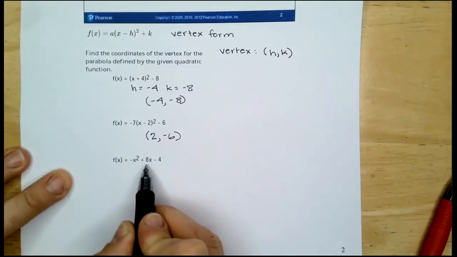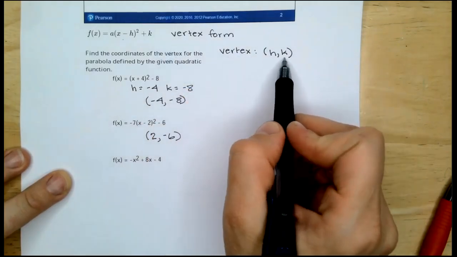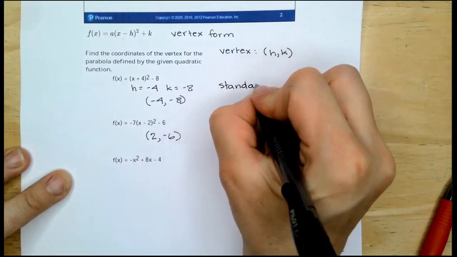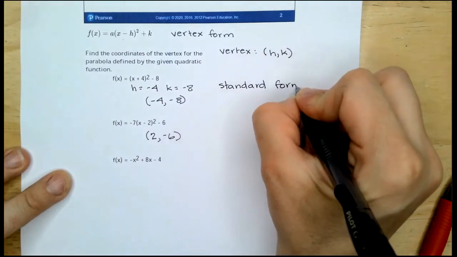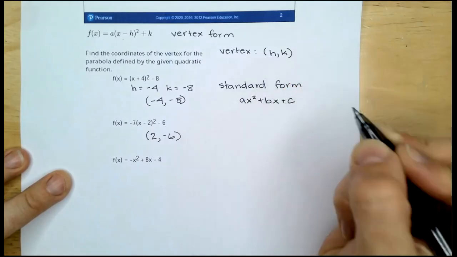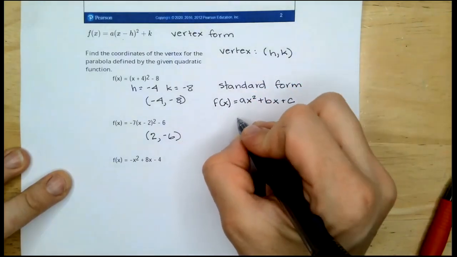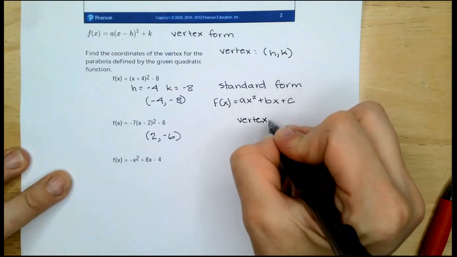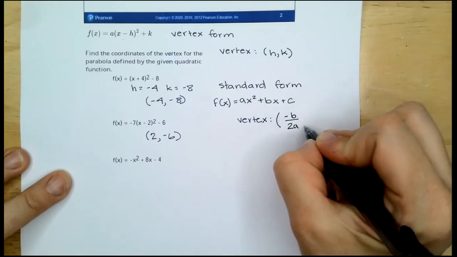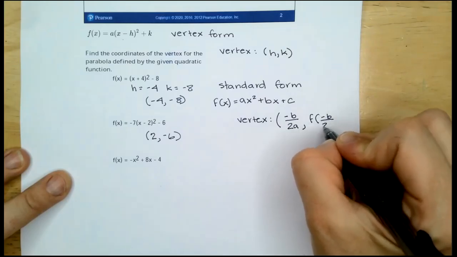Remember, in vertex form, the vertex is just h comma k, and in standard form, which is ax squared plus bx plus c, your vertex is going to be negative b over 2a, and then f of negative b over 2a.